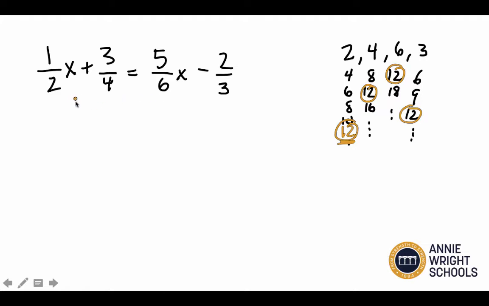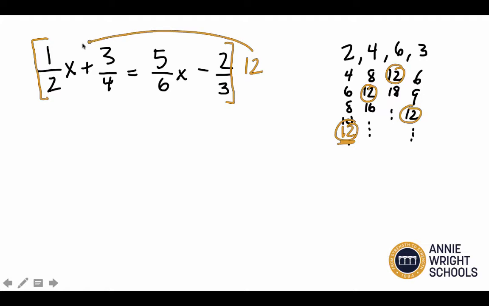That's the smallest number that all 4 of these divide in evenly. I'm not going to change all these to common denominators. What I'm going to do is take this entire equation, put parentheses around the whole thing, and multiply it all by 12.